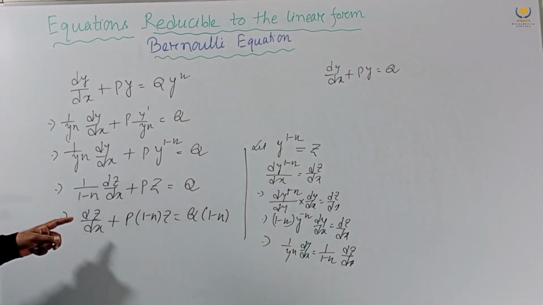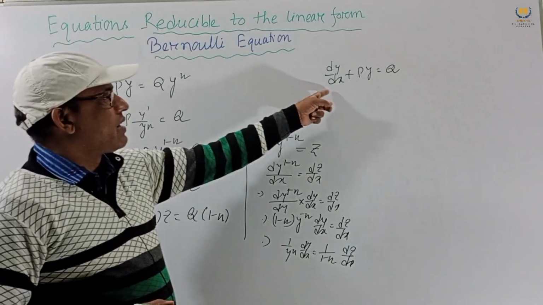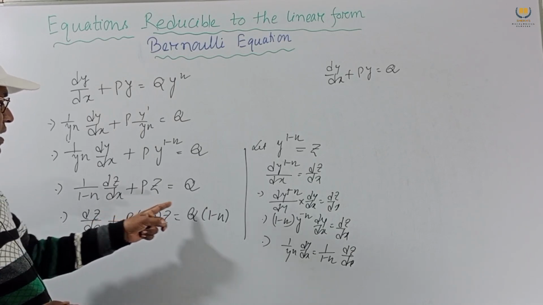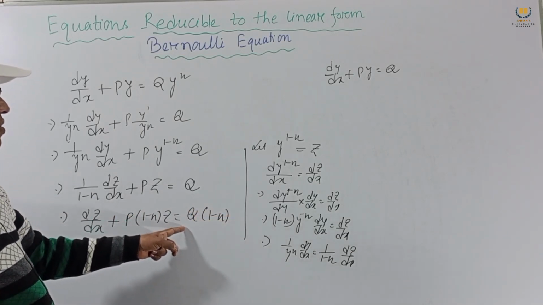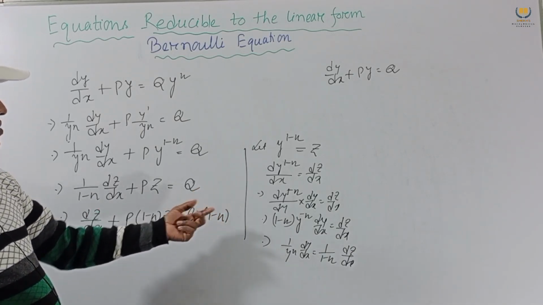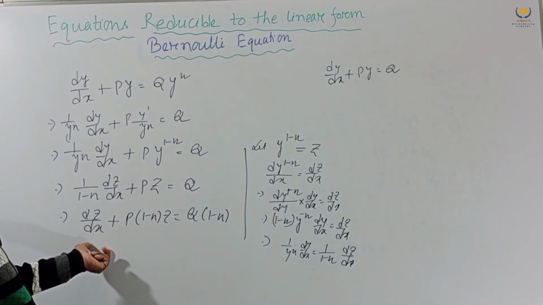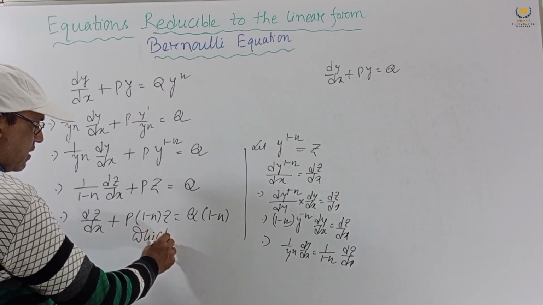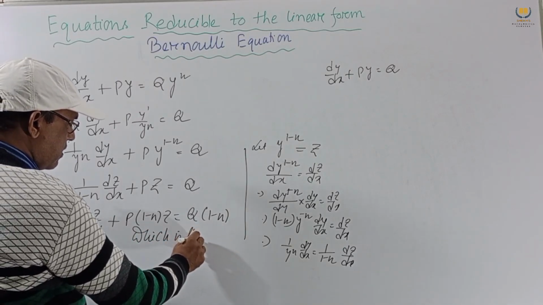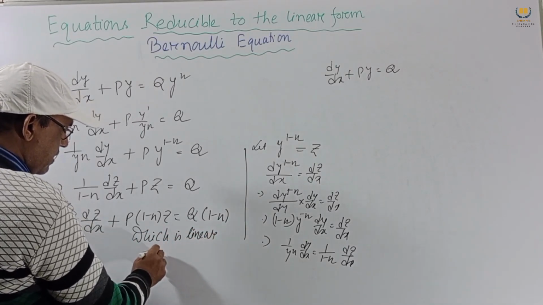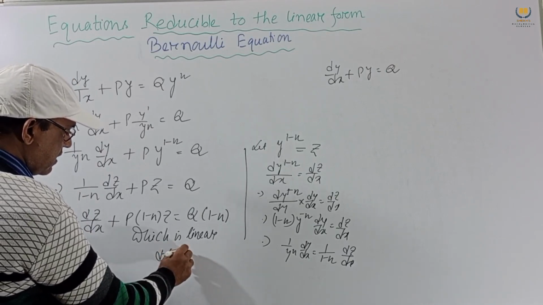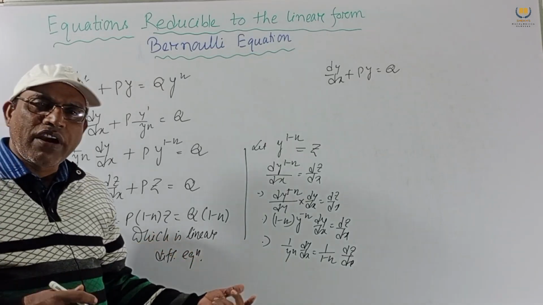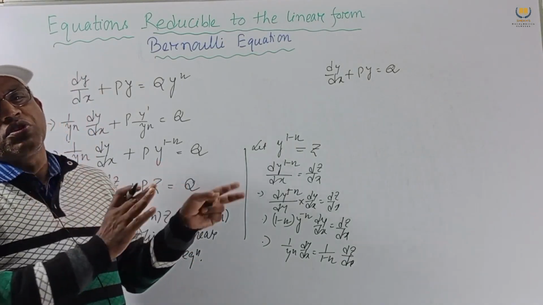So ultimately we get the form dy/dx plus Py equals Q, where P means this one and Q means this whole expression. Obviously this is linear form, a linear differential equation. From this we can easily find the integrating factor and the solution also.